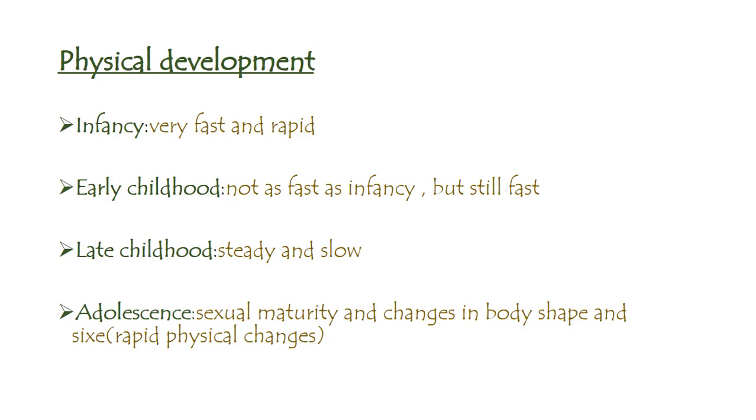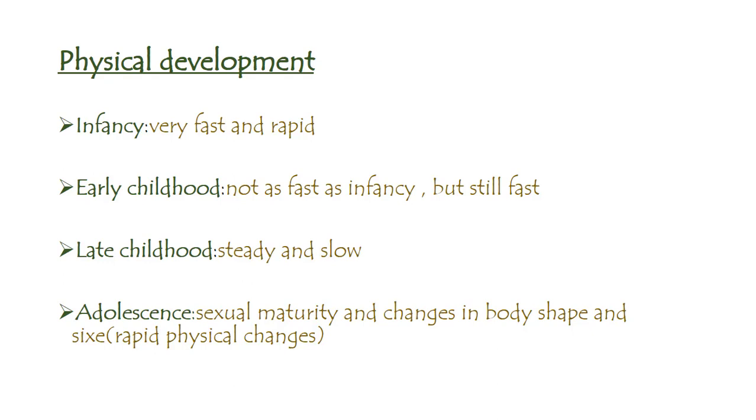Coming to physical development, it includes infancy, early childhood, late childhood and adolescence. In infancy, the body development is very fast and rapid. In early childhood, it is not as fast as infancy, but it is still fast.